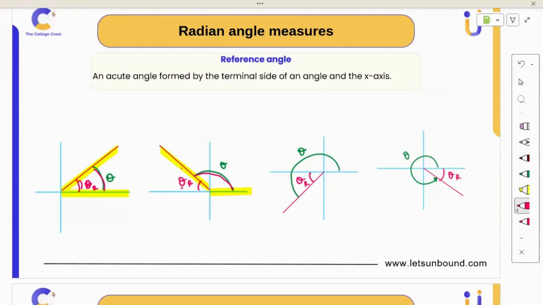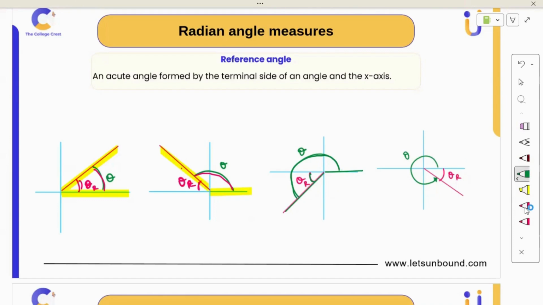This time it's not always positive x-axis. So the other x-axis, that will be theta reference. Okay. Now if it is on the third quadrant, initial ray and your angle goes like this and this. This time the reference angle theta is between your terminal ray and the closest x-axis. Okay, don't go here. It will be again an obtuse angle.